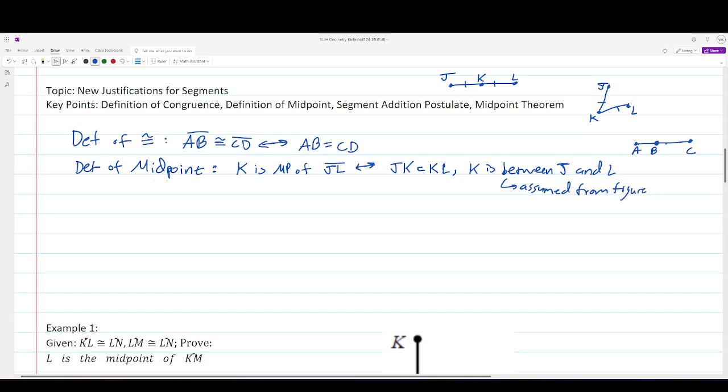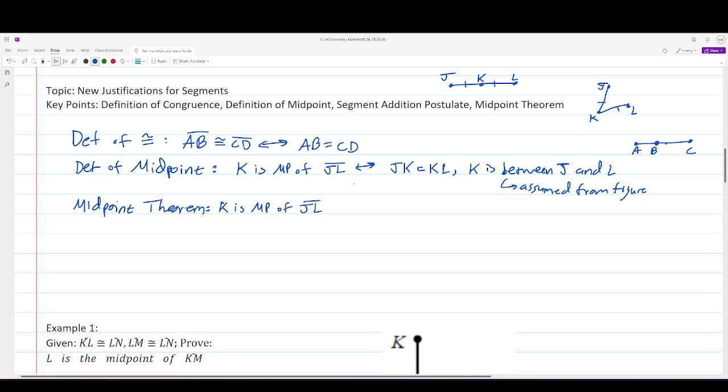All right. If we put those two together, then we get something we mentioned in earlier notes, which is the midpoint theorem. Midpoint theorem is just a way to squish those two together, and we'll use the same letters. So K is the midpoint of JL.